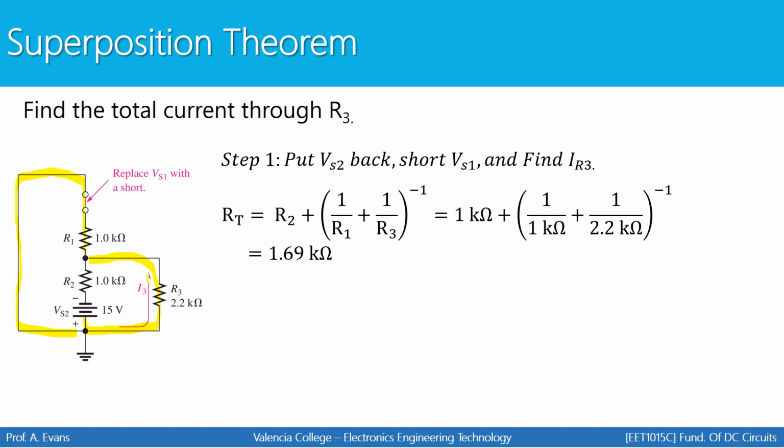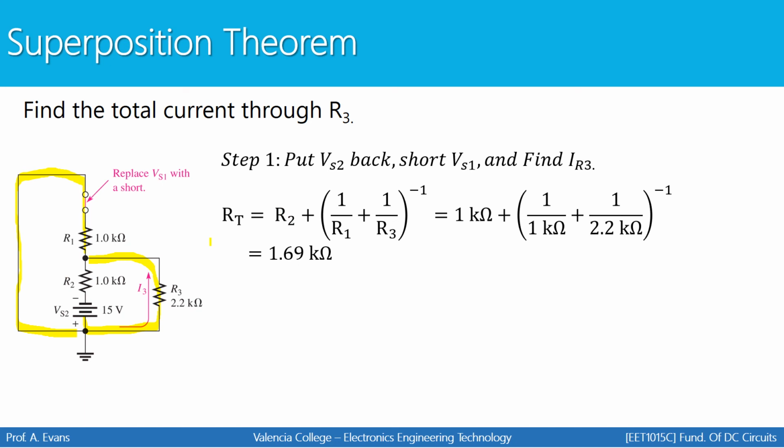So R1 and R3 are in parallel. Once I combine R1 and R3, they're both, as a combination, in series with R2. That's where I get this equation for total resistance. Once I plug in all the values, I get 1.69 kiloohms for total resistance.